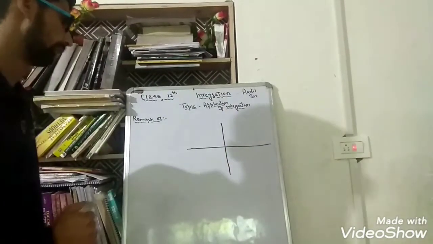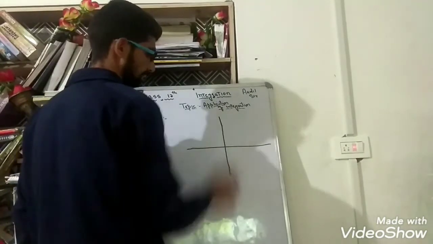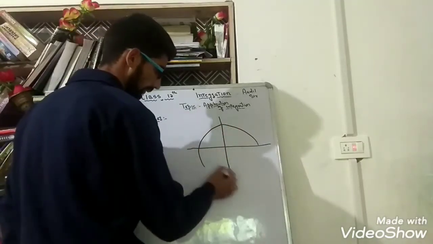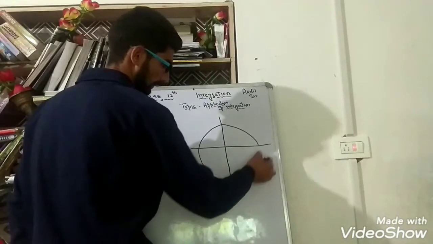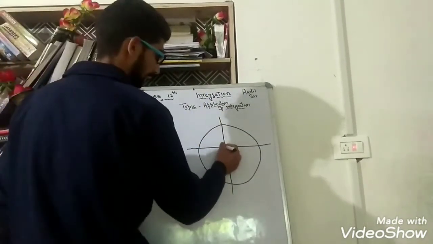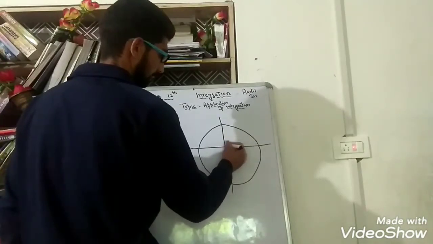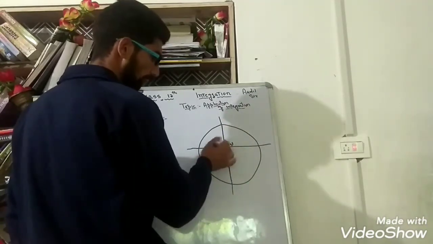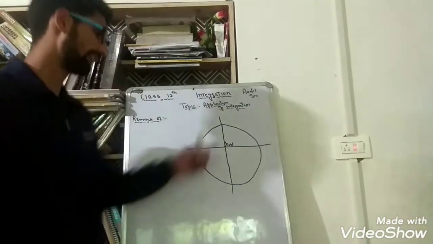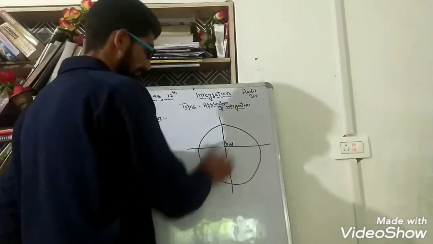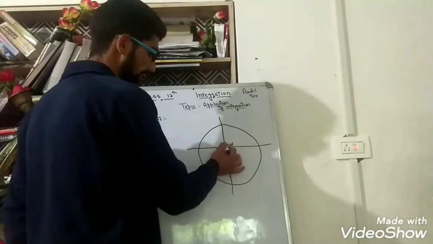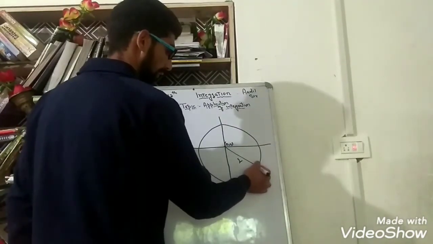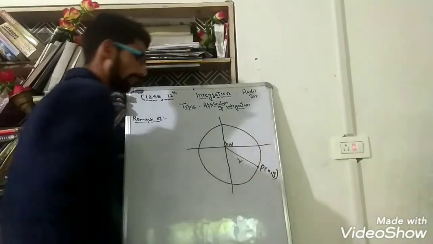If we have a circle, this is our circle, with origin 0, 0 as the center of the circle, and we take the radius of the circle as r, and for example this point is P of x, y.